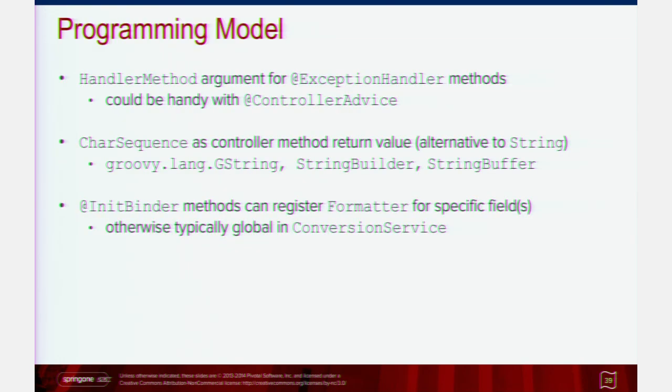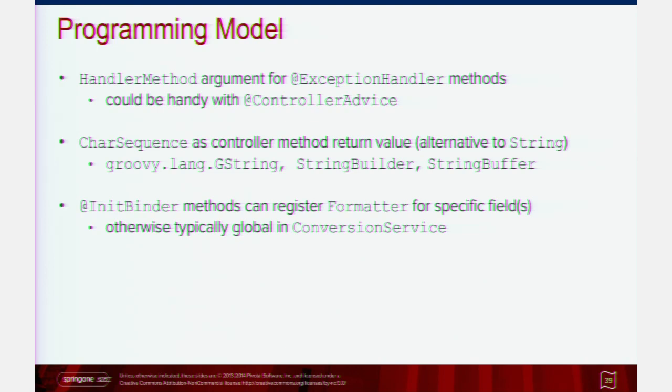In terms of the programming model, if you have exception handler methods, there's now an additional supported method argument type called HandlerMethod. That tells you what controller method was actually used to handle the request. If you use that in combination with controller advice, which is basically global exception handler methods, it might be useful to know which controller method was trying to handle this request when the exception occurred.